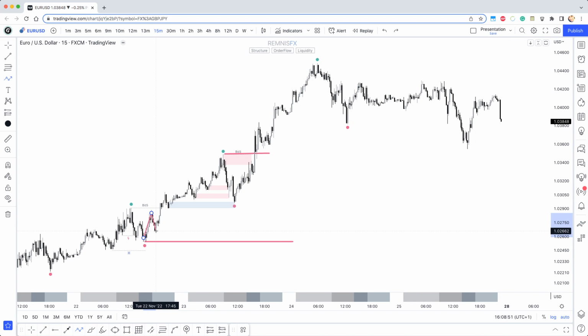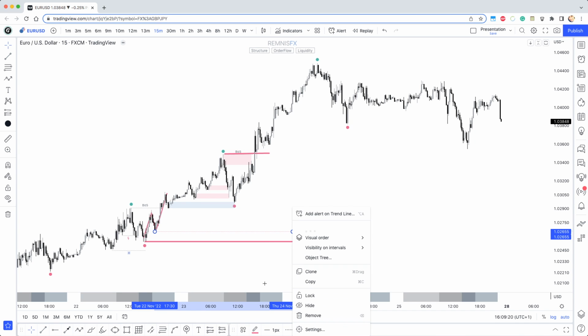Okay, so this move here that broke your structure, this could be your engineered liquidity, because this is your most recent range low and this is your most recent range high, right? The first pullback, and especially if that pullback breaks a previous high, in this case a valid or confirmed break of structure, right? You can mark this one like that as your engineered liquidity, okay?